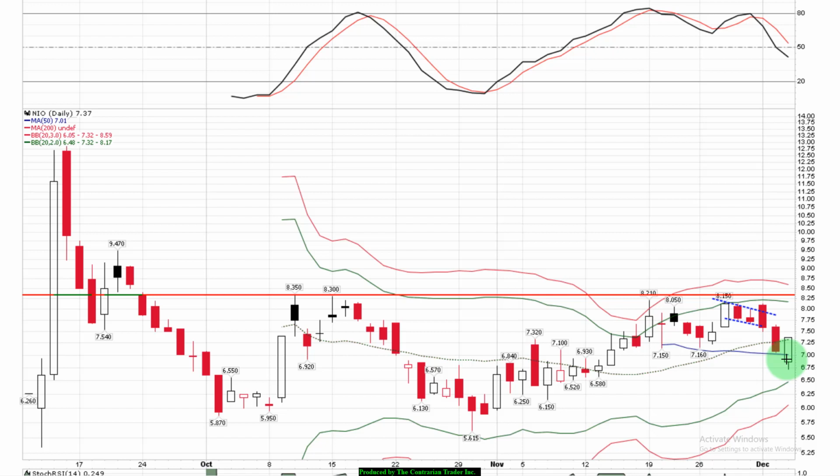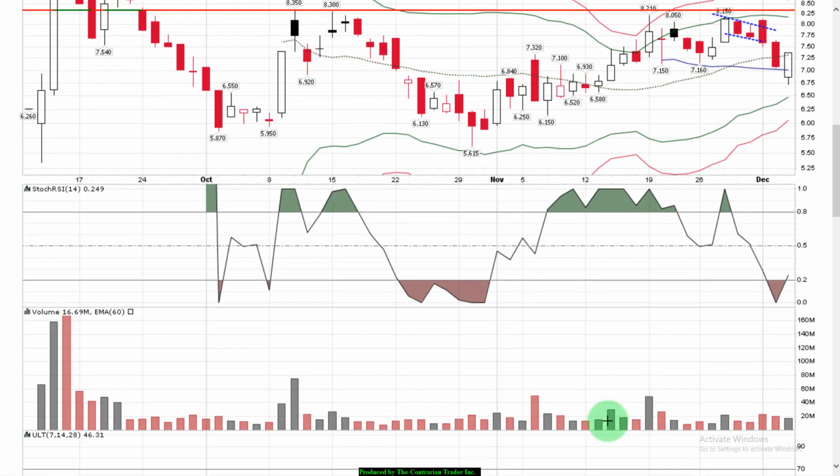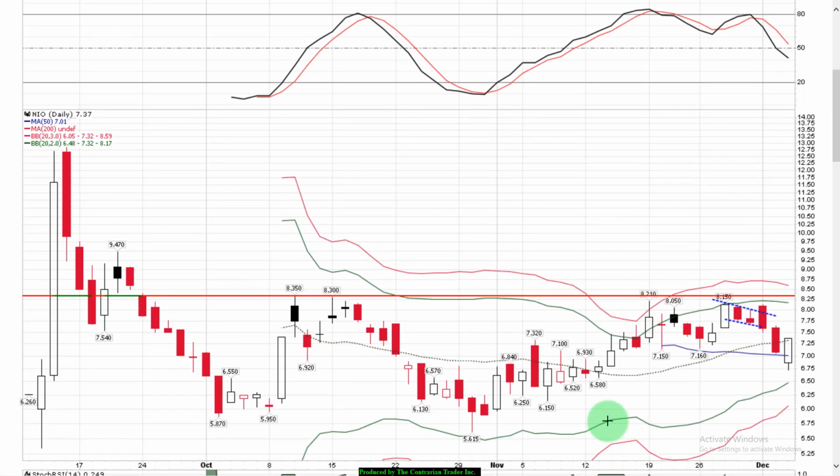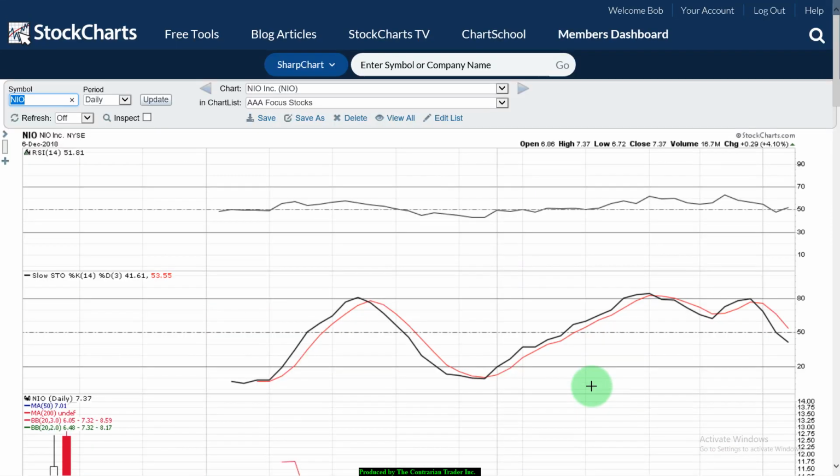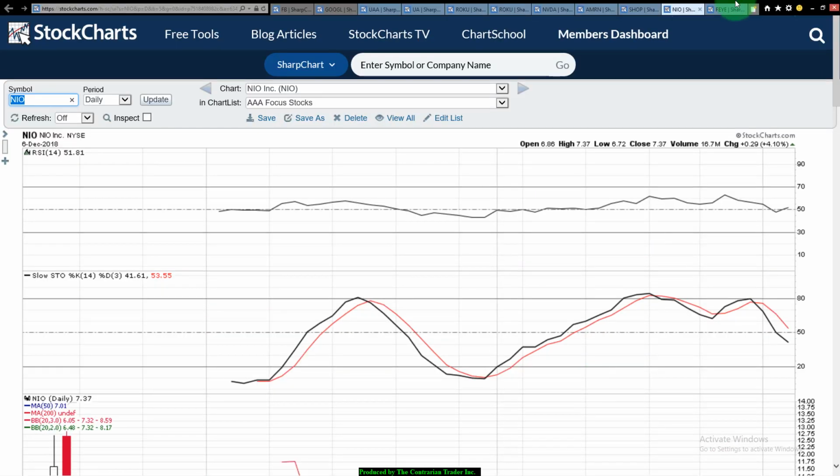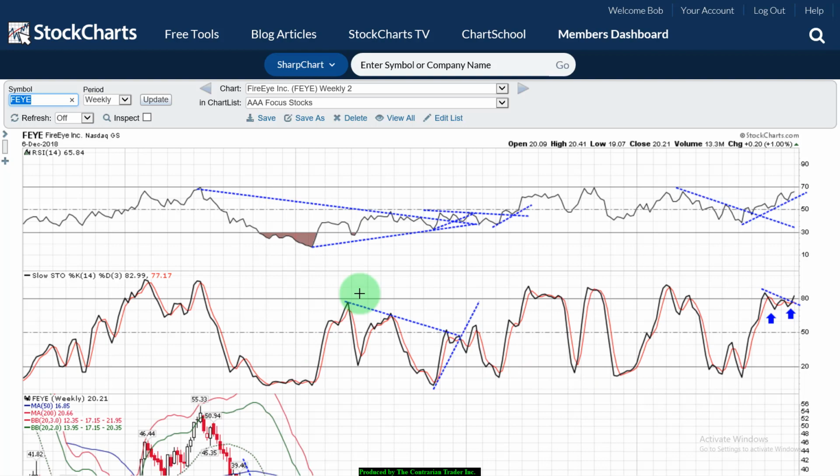I think that speculators can buy the shares on a new daily high with a stop right below 6.75. And I would add to my long position on a breakout and a close above resistance here at $8.35. So NIO looking good.